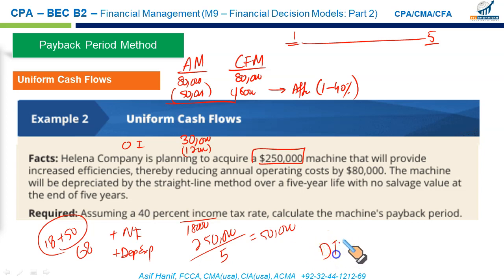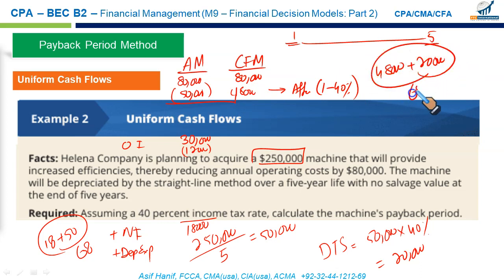How do we calculate the depreciation tax shield? It is simply equal to depreciation expense multiplied by the tax rate, which is 20,000. See, 100% same answer. 48,000 plus 20,000, exactly 68,000. So you can see whether you use the accounting approach 68 or the cash flow approach 68, under both cases you will get the same answer, right?